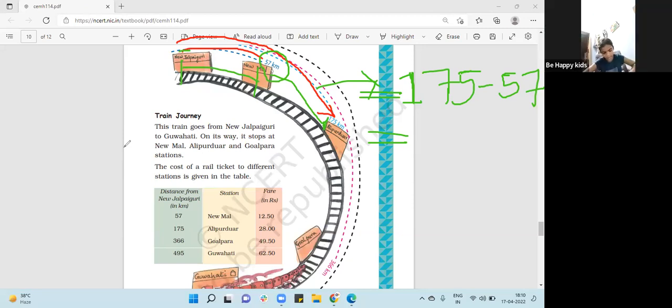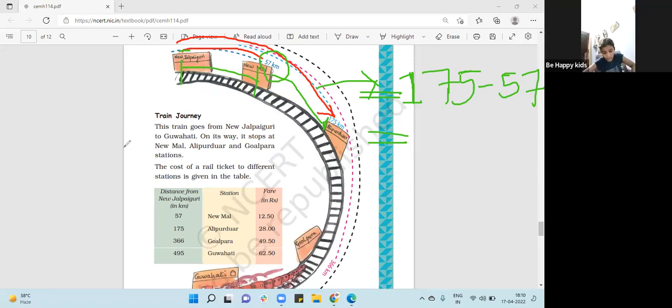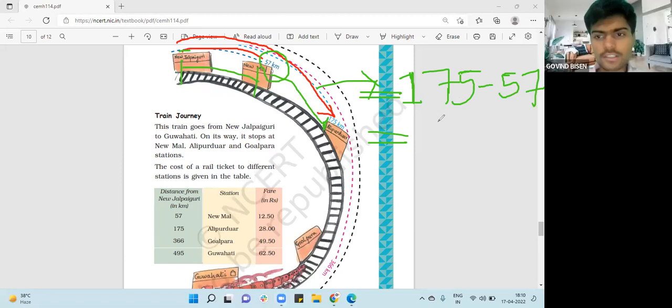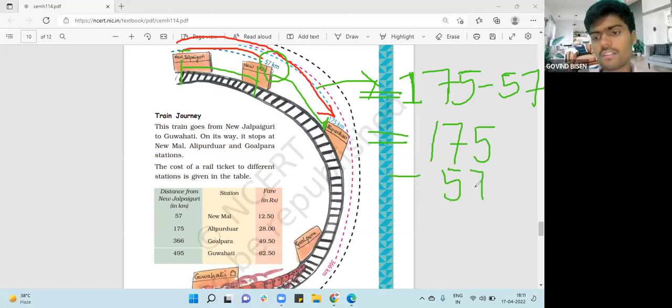175 minus 57. The 5 is in the ones place. In the ones place there is nothing below, that's why I put 5 and 7. Just a minute, how shall we write this? I will tell you. 175, minus, start from the right side, 57.